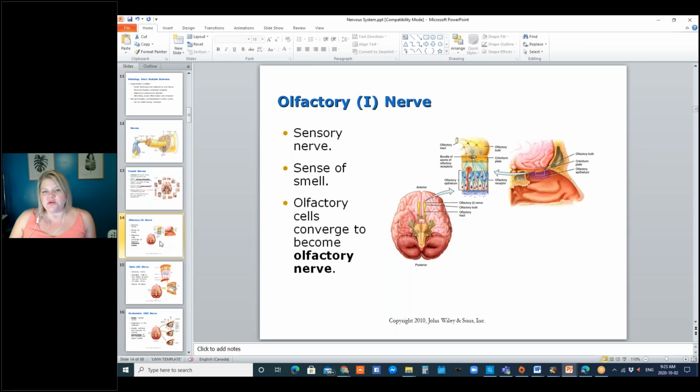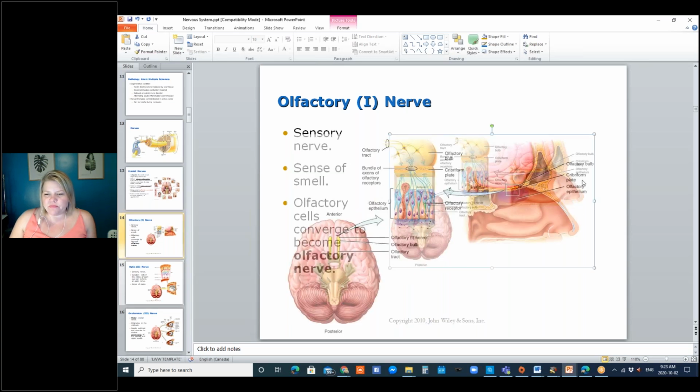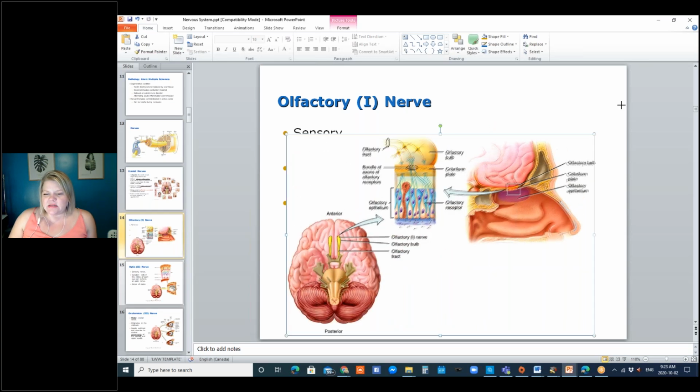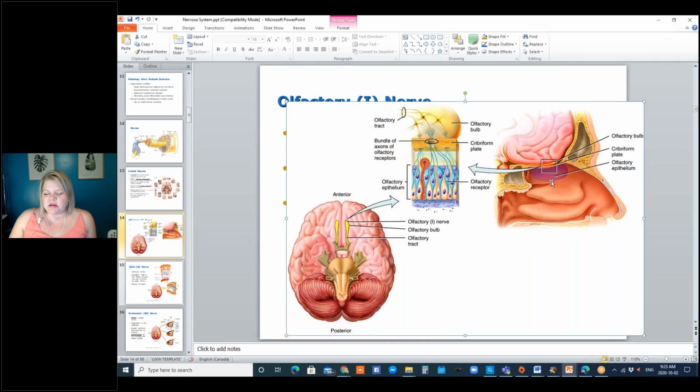Cranial nerve number 1 is your olfactory nerve. This is your sense of smell, and how that really comes to be is there's a plate or a bony area that has holes in it where nerves extend down into your nasal cavity. These free nerve endings pick up dissolved chemicals in your mucosa, and when they attach to the receptor, it triggers an impulse.